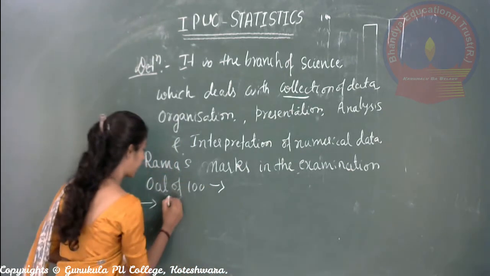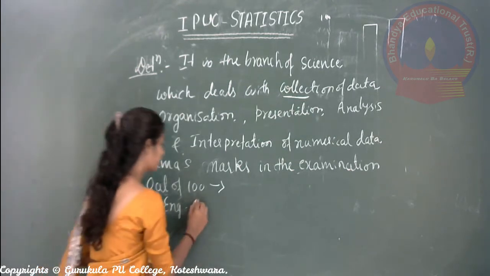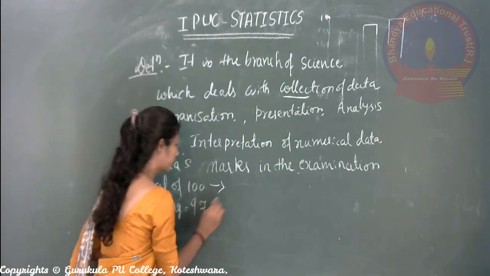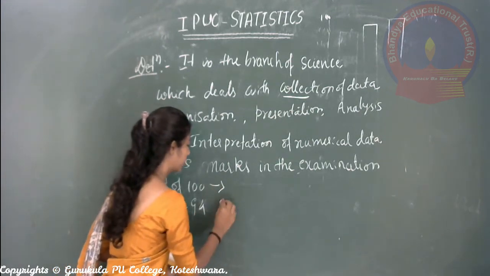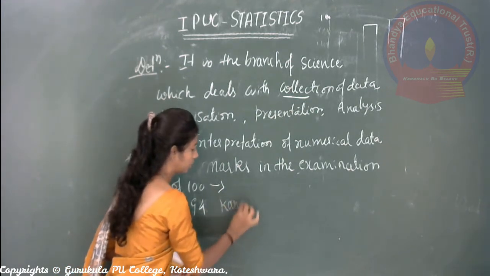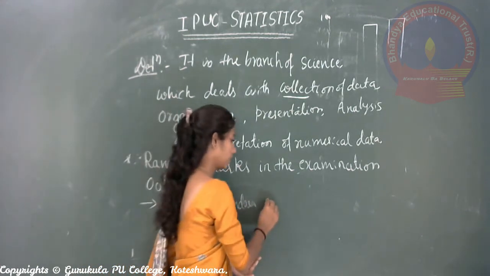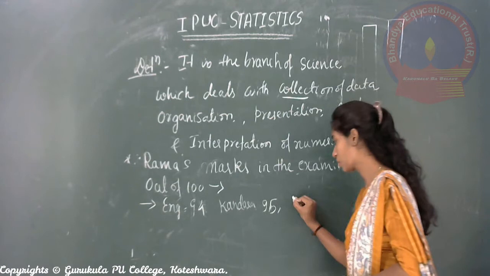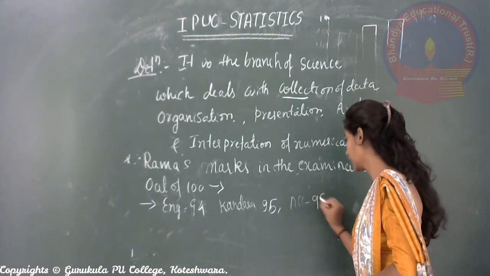Suppose he may be having in English 97, 94 it may be. Then in Kannada he may be having 95. As a core subject in accountancy he may have got 98.